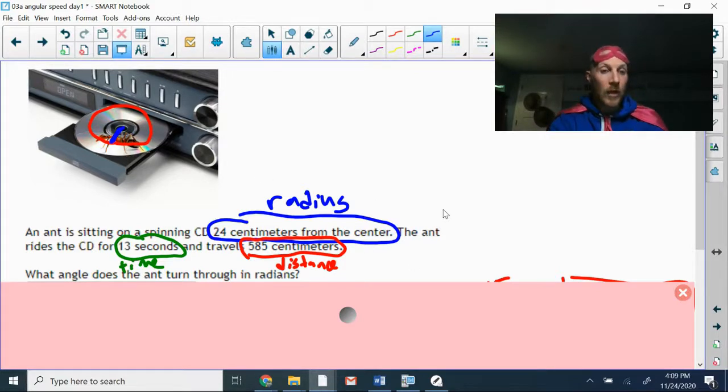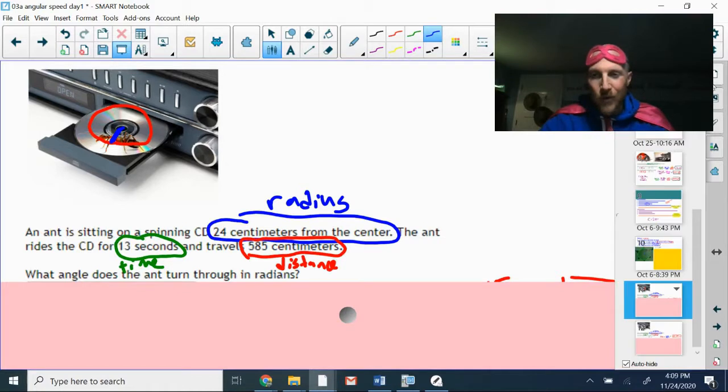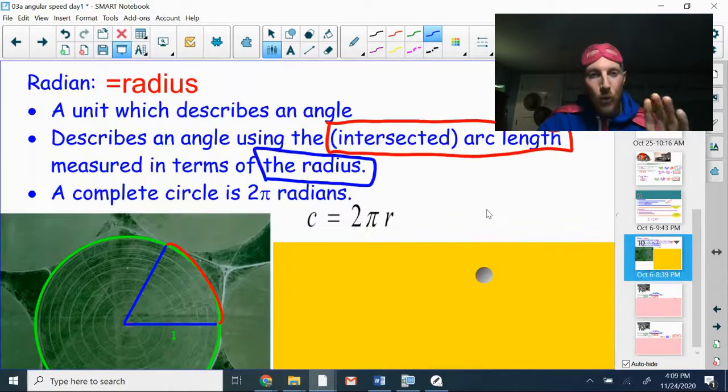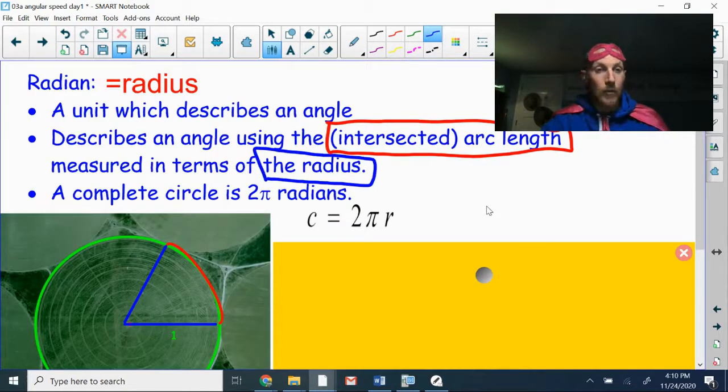So my first question asks, what angle does the ant turn through in radians? All right, well, that is a tricky question. So we're going to go back to the original definition we had of a radian, which the second bullet point here tells us: a radian describes an angle using the intersected arc length.